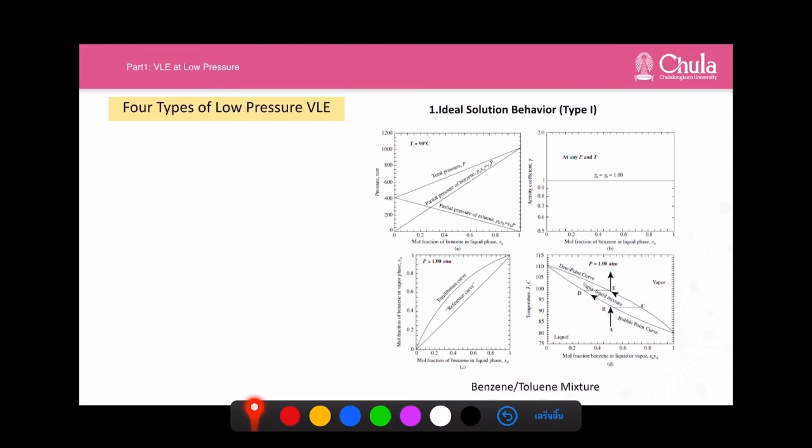So the interaction between A molecule and A molecule is similar to the interaction between A and B, and also B and B. Molecule A sees molecule B and molecule A similarly, and in the same way molecule B sees molecule A and molecule B similarly.